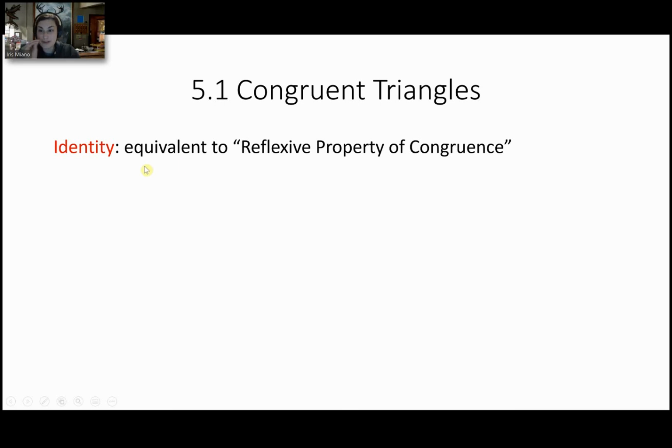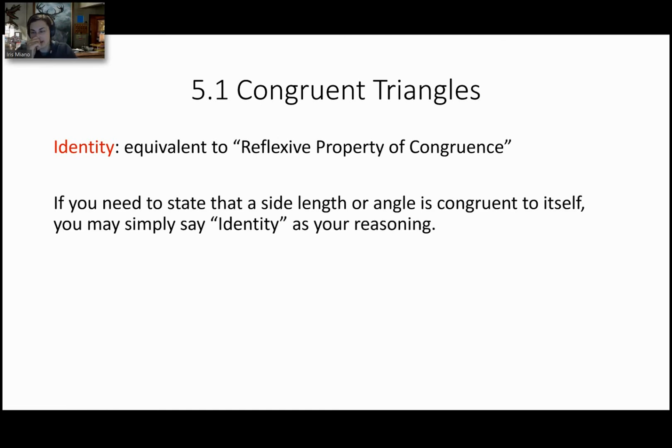You can shorten this justification by simply saying the word identity. So now we have a shorter way to say that something is congruent to itself. Some things that are possible are line segments or angles. Measures are equal, angles are congruent. So if you need to state that the side length or angle is congruent to itself, simply say identity as your reasoning. That's something that you now get to do.